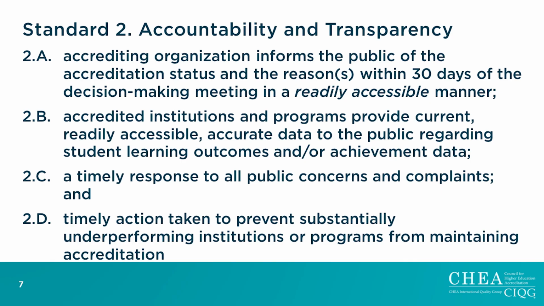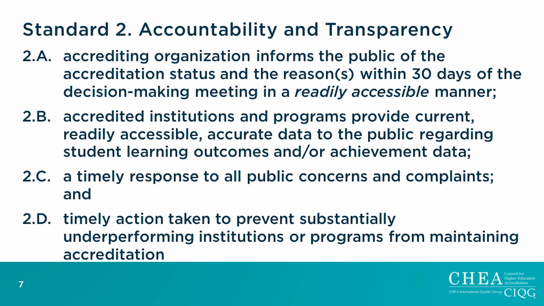Standard 2 focuses on accountability and transparency and states the accrediting organization implements and upholds standards, policies, or procedures that require the accrediting organization to inform the public of the institution or program's accreditation status and the reason for the accreditation action within 30 days of the organization's decision-making meeting in a readily accessible manner.